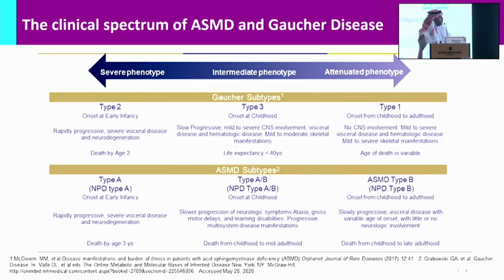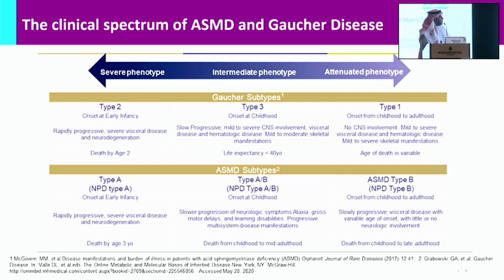Here we go to the types of Gaucher and ASMD. The more severe phenotype is type 2 in Gaucher and type A in ASMD. Both start in early infancy. Both are progressive, affecting multiple organs, including CNS manifestation, with life expectancy up to 3 years.